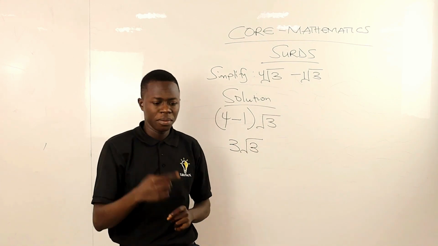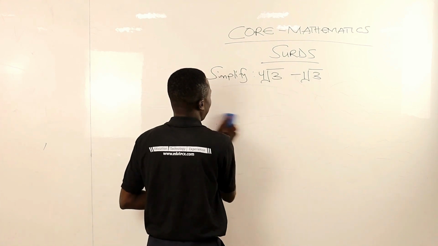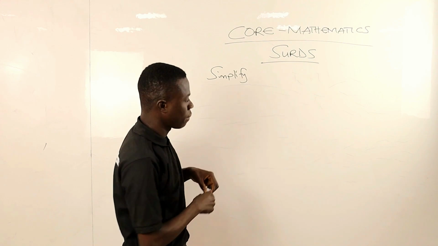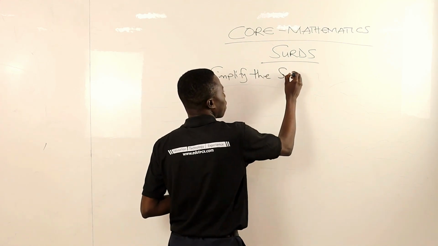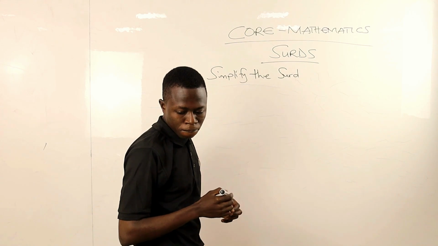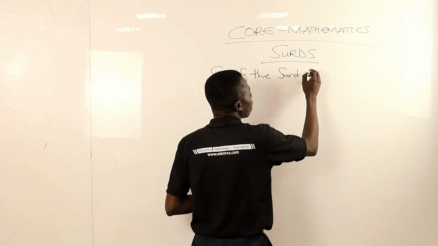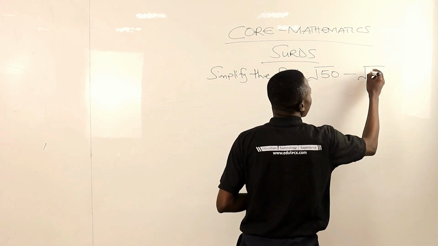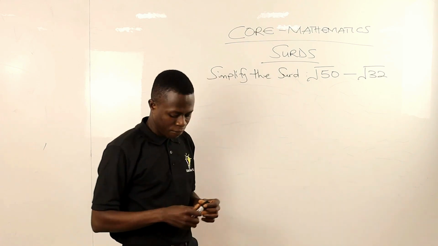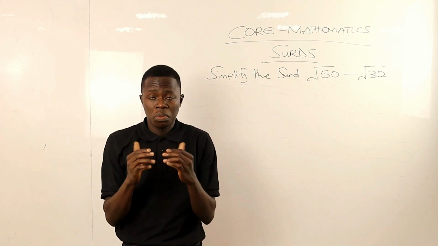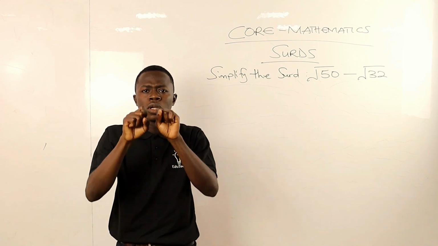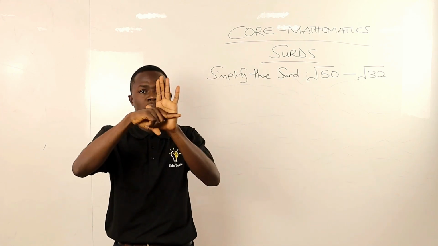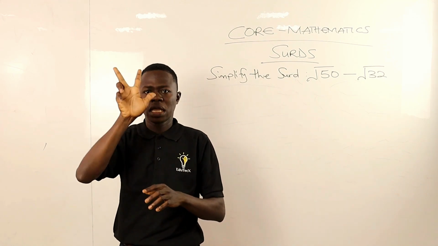Now let's take a look at another question. The other question says simplify square root of 50 minus square root of 32.